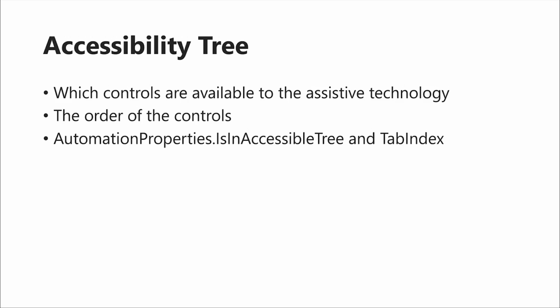One very important concept about accessibility is the accessibility tree. It's a hierarchical view of the elements on your screen and the sequence that will be shown to the user who is using assistive technology.